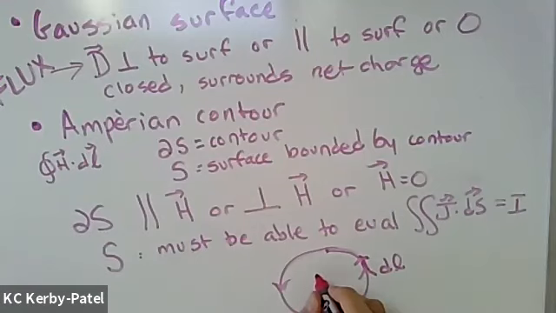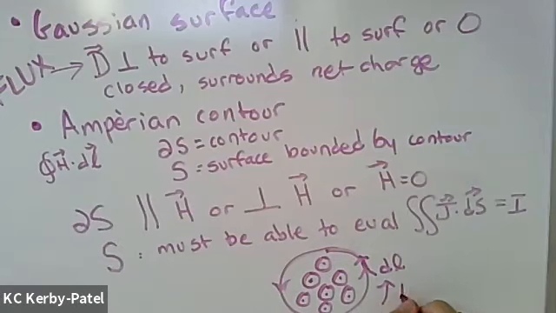The current is coming into or out of the board. I'm going to say it's coming out. That's the current. And you want your magnetic field to be sort of parallel to dl. That's J in there. So the contour should make a circle around, no, not necessarily a circle, but often a circle around J.